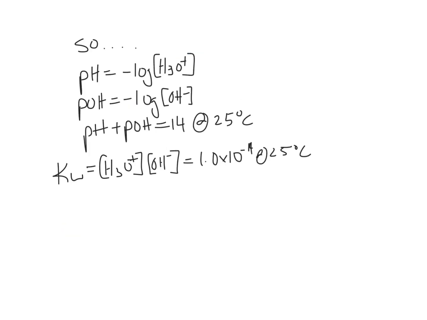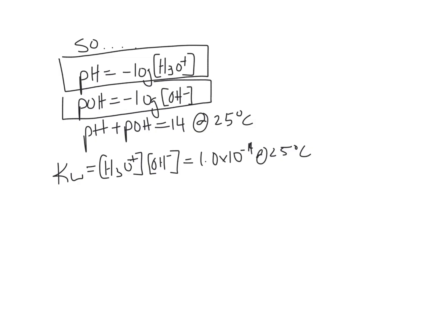So let's just do a quick recap to see what we've established here so far. We know that because of the autoionization of water, pH is equal to the negative log of the hydronium ion concentration. pOH is equal to the negative log of the hydroxide concentration. We know that pH plus pOH is going to be equal to 14 at 25 degrees. If we cool it, that number is going to go up. If we warm it, that number is going to go down.